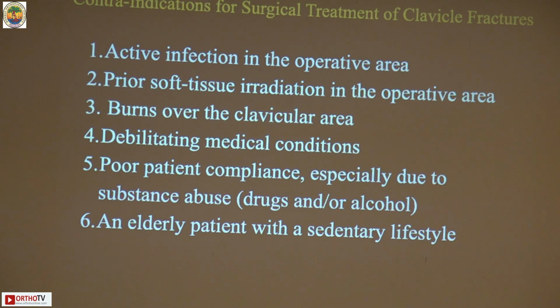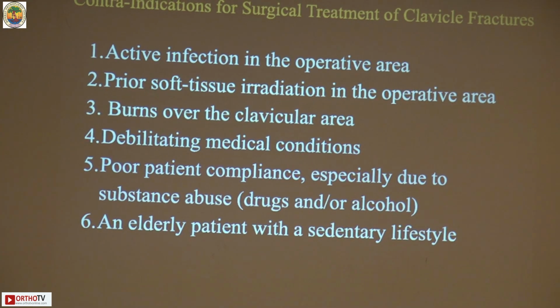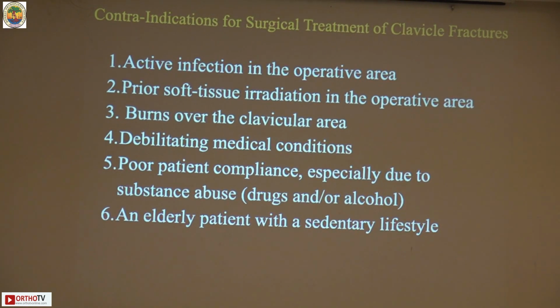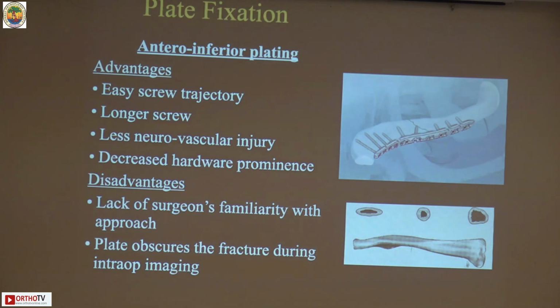Contraindications to any surgical treatment would be infection in the area, irradiation, burns of the clavicle area, unfit patient, patient having poor compliance, or maybe an elderly patient having a sedentary lifestyle.